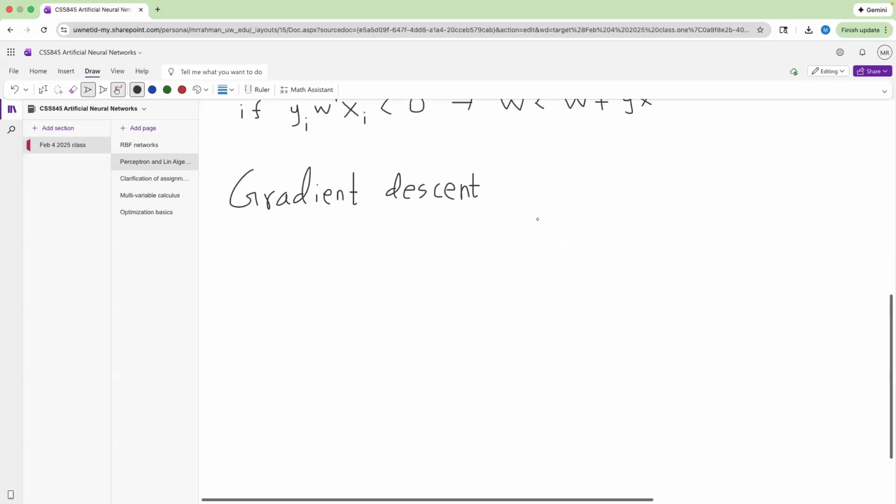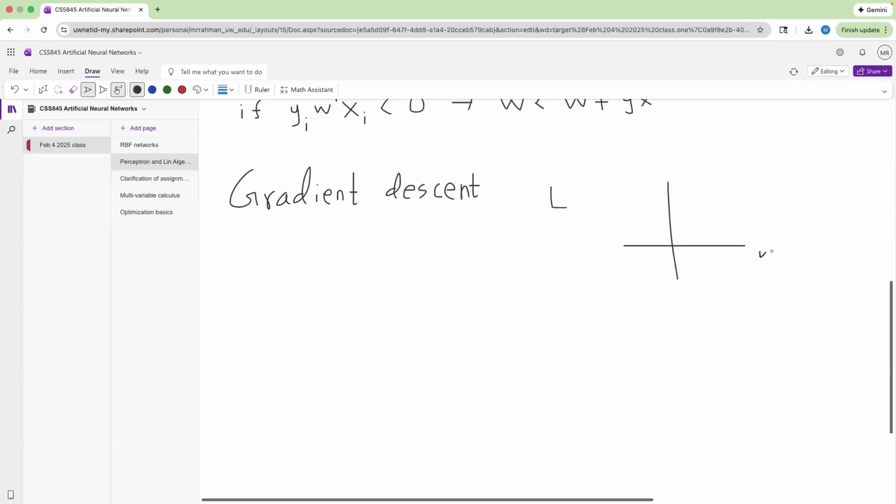So the way to think about gradient descent is, in general, for any machine learning algorithm, especially supervised learning, you eventually have some sort of loss function, right? The loss function might look like this.